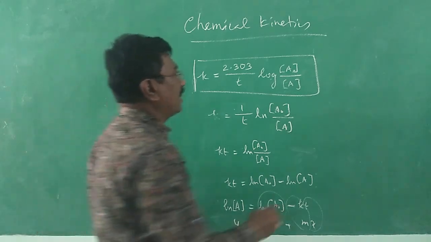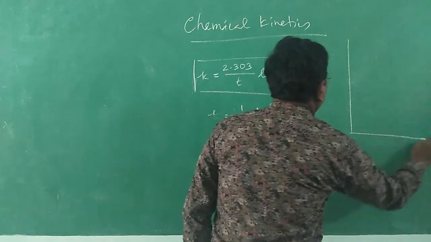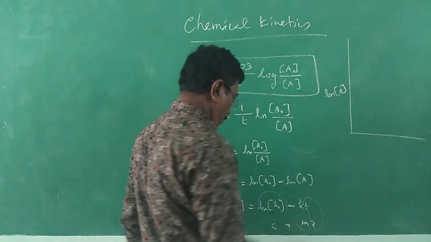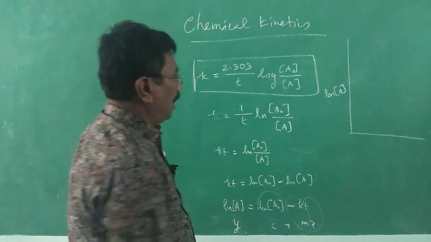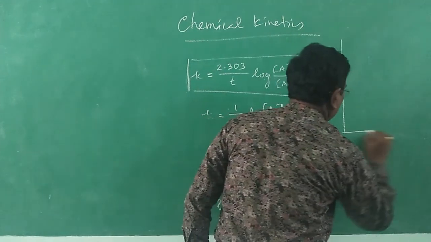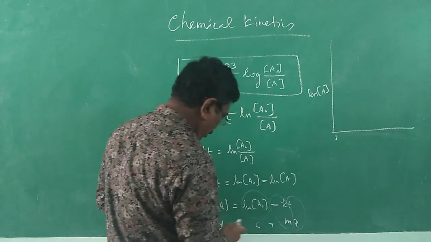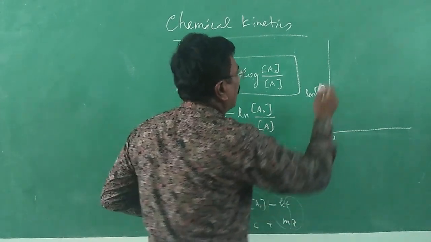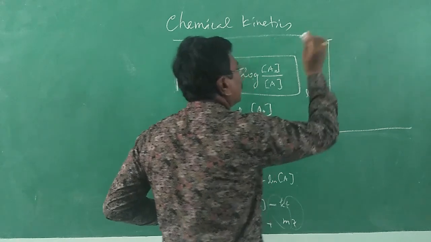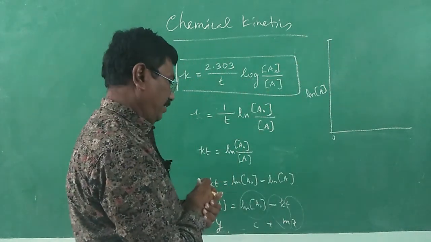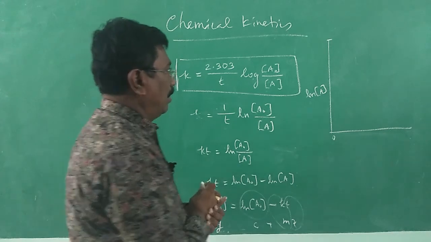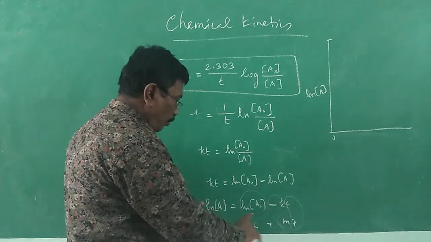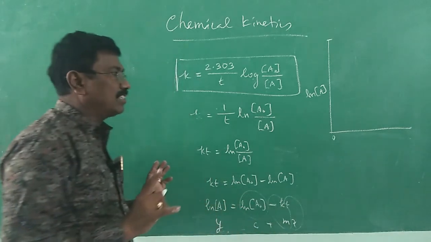On the y-axis we are taking ln A. At the start of the reaction, when time t is equal to 0, the concentration is A0, so ln A0. When we draw a graph, we get a straight line with negative slope, since y is equal to mx plus c is an equation for a straight line.